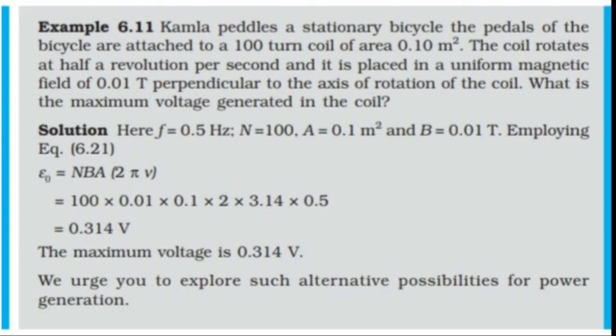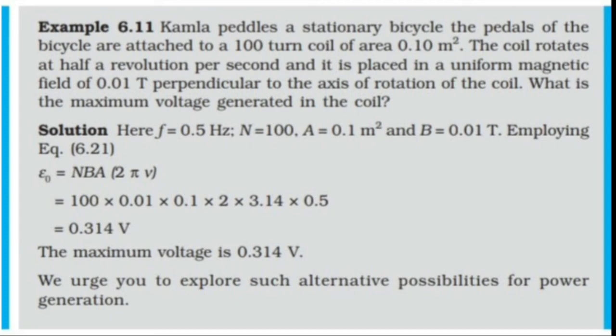So here it's given that the number of turns N is 100, area A is 0.1 meter square and B is equal to 0.01 Tesla. And you are asked to find the maximum voltage generated in the coil. So from today's discussion, we know the maximum EMF induced, epsilon 0, is NBA omega. Here omega is the angular velocity or angular frequency and omega equals 2 pi nu.